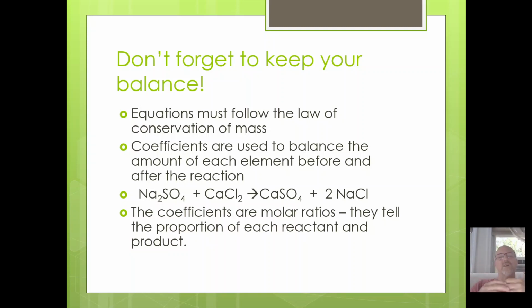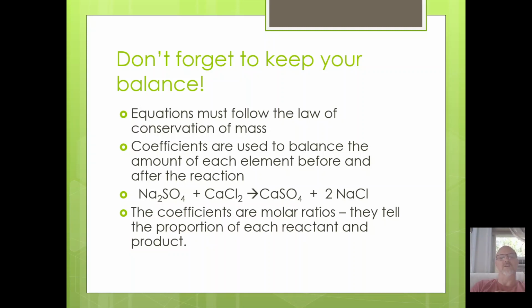We can also talk about those same numbers that we use to balance it, on the scale of moles. So we use the coefficients to balance, and then that tells us the molar ratio, the proportionality, how much of each thing is going into the reaction and getting produced by the reaction.